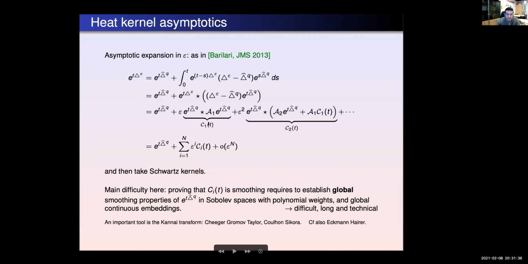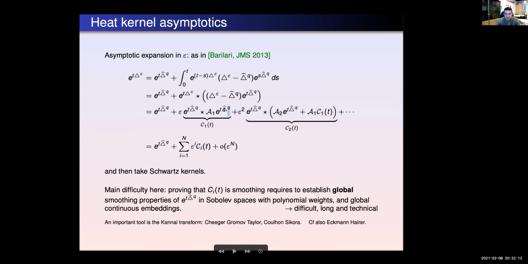So all the operators here, C_i, are just defined by successive convolutions involving the semigroup of the nilpotentized Laplacian, with some operators here that come from the development of delta epsilon. And then we want to take Schwartz kernels in this expansion. But here, the very big difficulty is to prove that all operators C_i of t are smoothing.